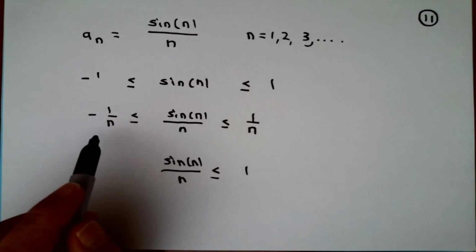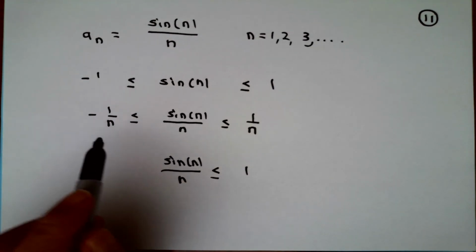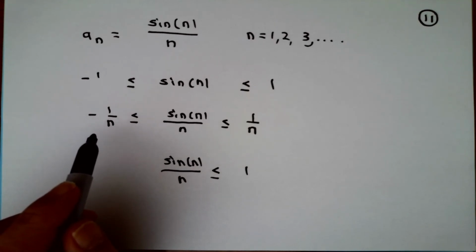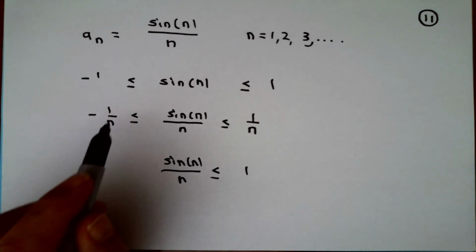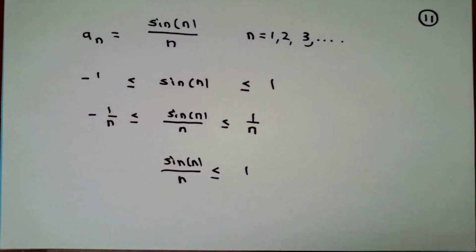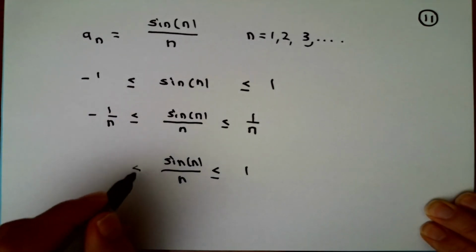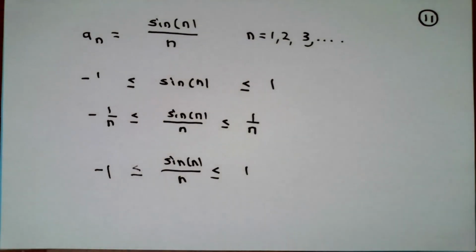You would have negative 1 over 1, which is negative 1, negative 1 over 2, which is negative but less far away from 0 than negative 1 was, negative 1 over 3, and so on. None of those numbers are further to the left of 0 than negative 1 is. So just this inequality by itself shows that the sequence given by a_n equals sine n over n is bounded.